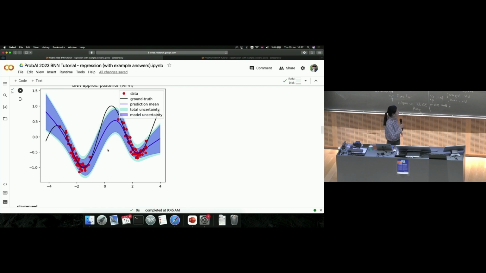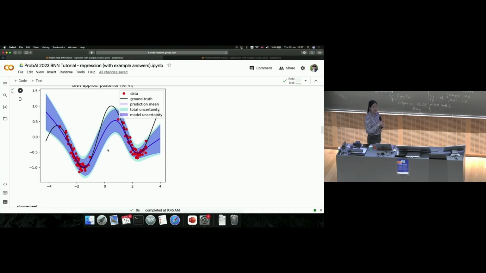So Gaussian process, which is another class of methods that we are not going to talk about today, can achieve, at least in regression, a case where you have very small uncertainty around the observed data, but still have high uncertainty in between. This is what you can achieve with Gaussian process, but with a mean field variational inference neural network, you cannot achieve that. There are some problems with this.